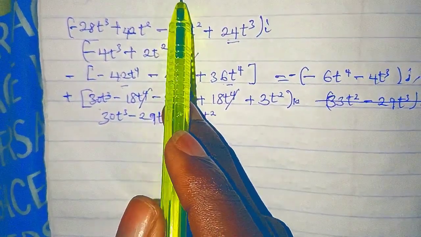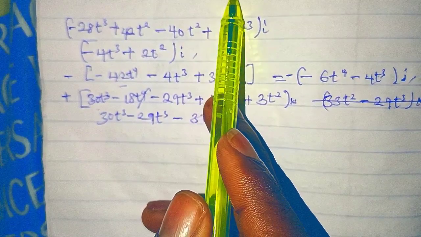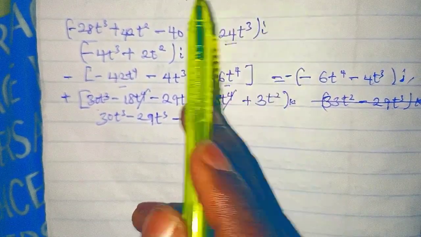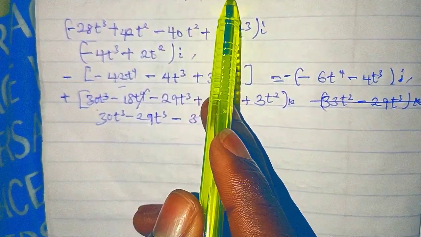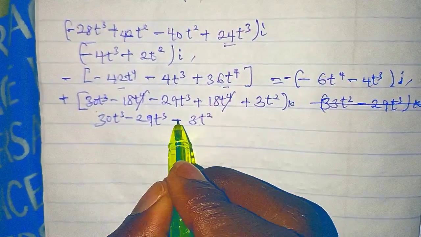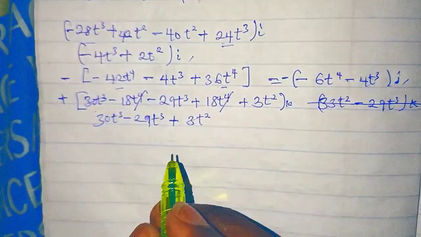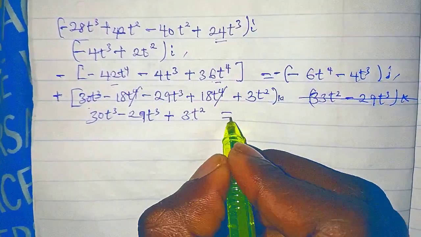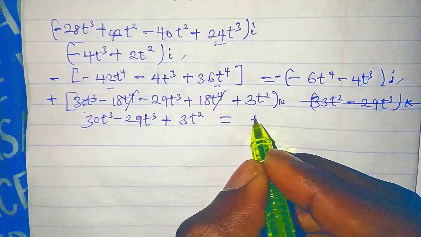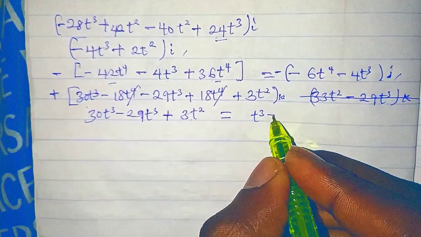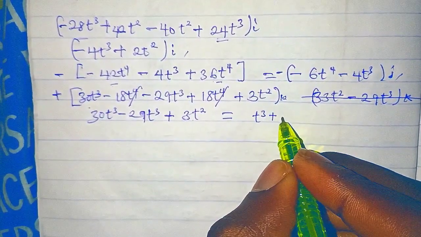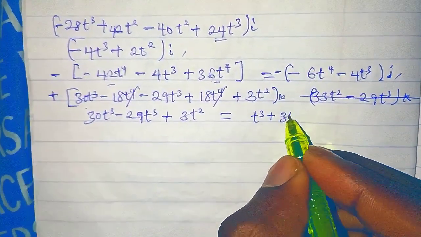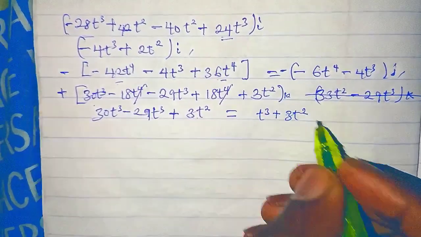Alright, from here, it's not minus, it's plus. Okay, so this gives us t to the third power plus 3t squared.